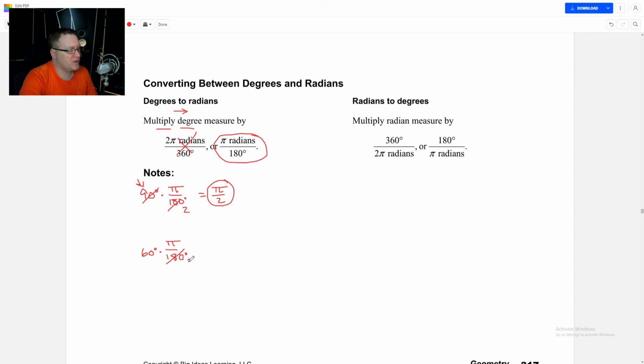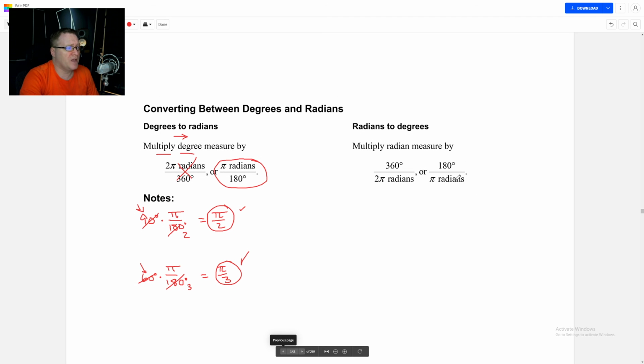It's going to become 3, because 180 divided by 60 is 3. So what are we left with? We just have pi over 3. So that's the answer. If I want to take 60 degrees and change it into radians, it's pi over 3 radians. That's all you have to do.